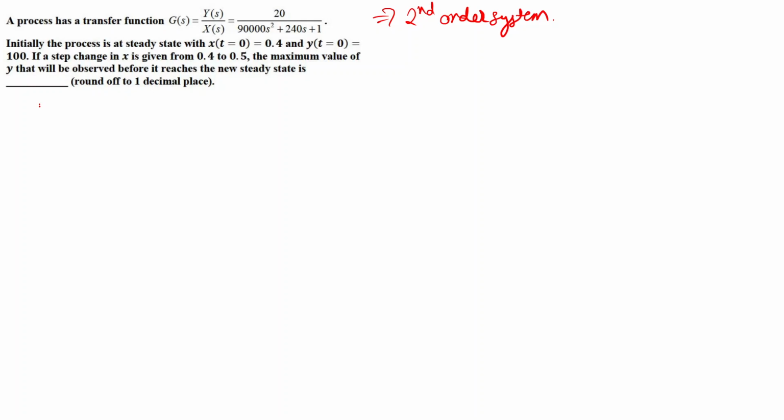So the steady state value of y is 100 and x is 0.4, and then we are introducing a step change from 0.4 to 0.5. So we are changing this to 0.5. Then we have to find the maximum value of y.